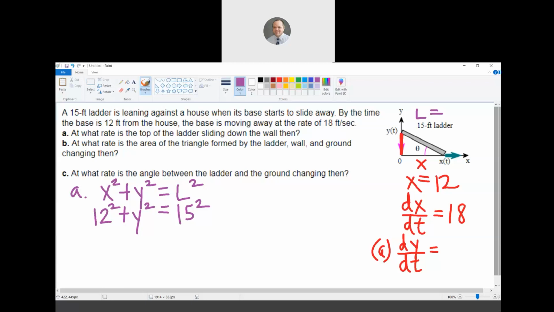12 squared is 144 plus y squared equals 15 squared, which is 225. Now to get y squared by itself, we subtract 144 from both sides.